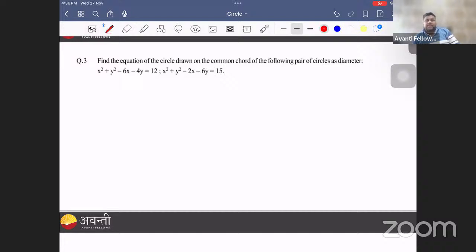Now, after writing the family of circle, get the center of that family. That center should lie on the common chord because they are saying this common chord is a diameter. And how to get the common chord?